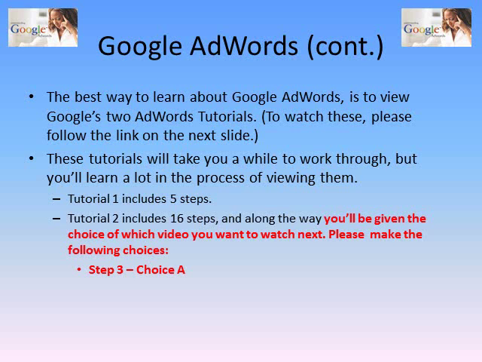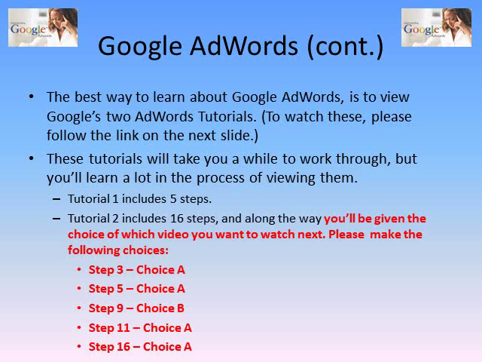In step 3 of tutorial 2, choose choice A. In step 5, make choice A. In step 9, make choice B. In step 11, make choice A. And in step 16, make choice A.